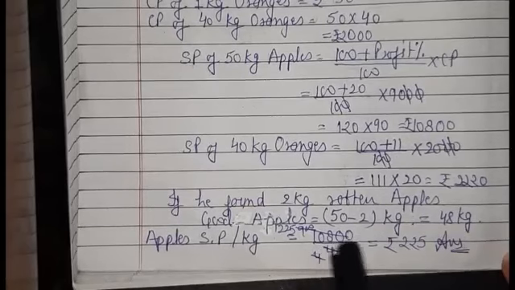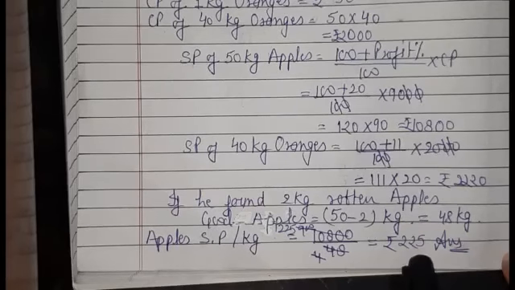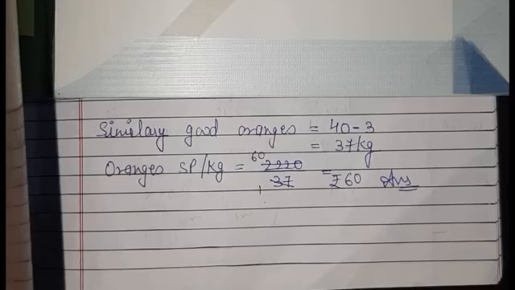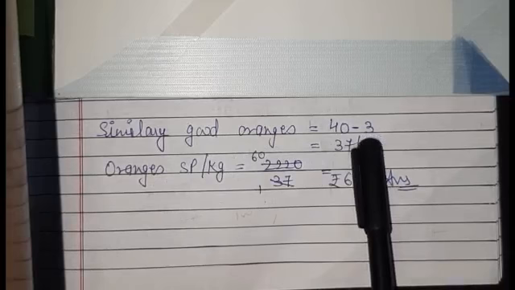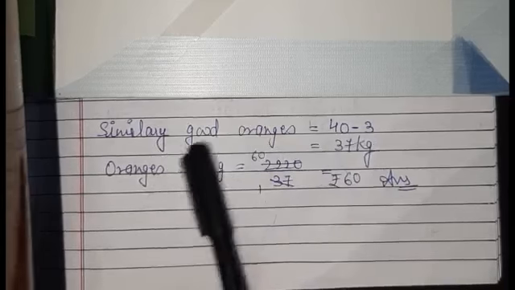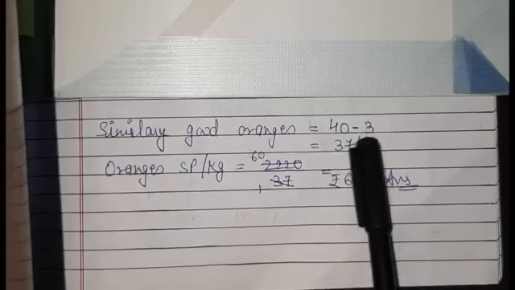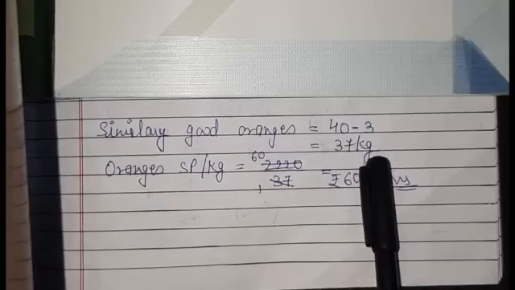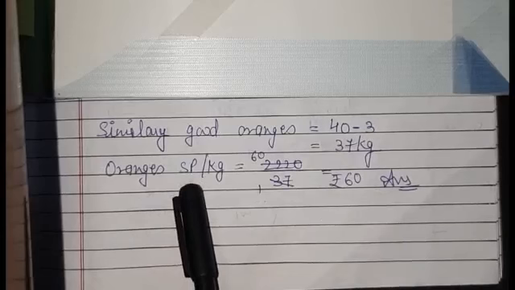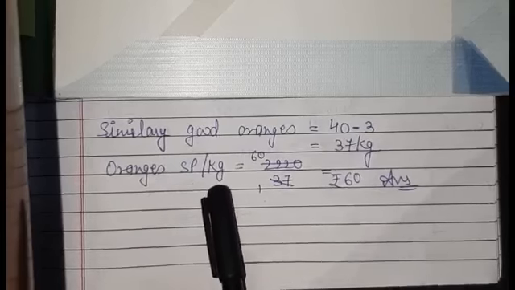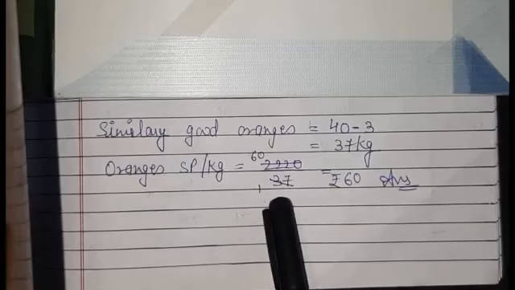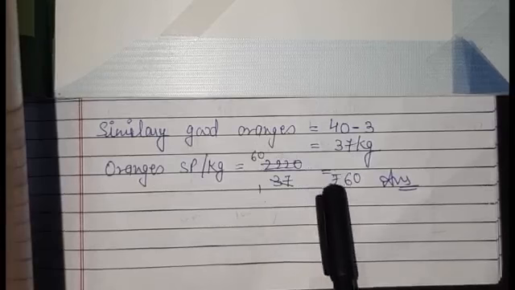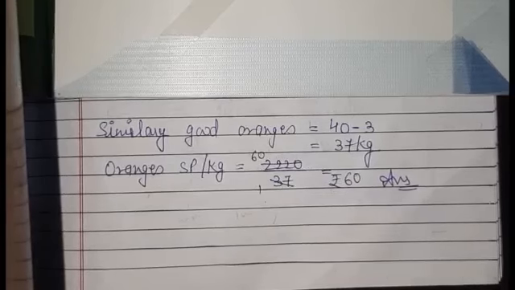When you divide, 225 will be the answer. Similarly, 3 kilogram oranges are rotten. So good oranges will be 40 minus 3, 37 kilogram. So calculate selling price of oranges per kg. It will be 2220 upon 37. When you solve, rupees 60 will be the answer.